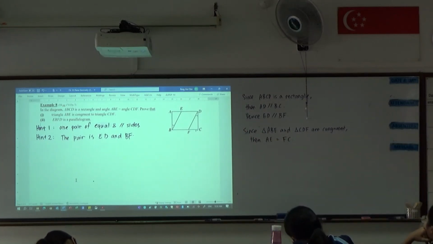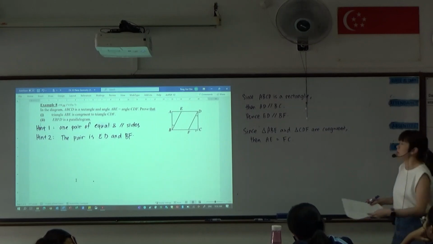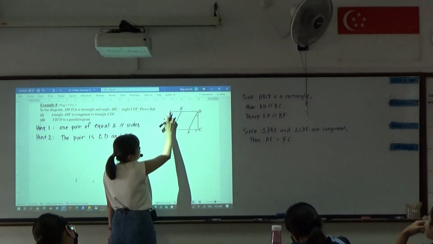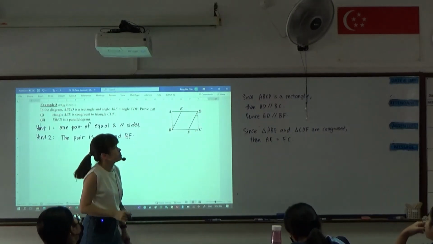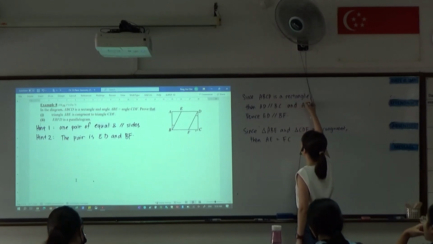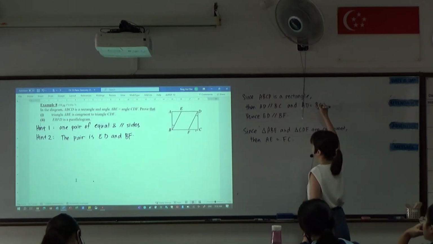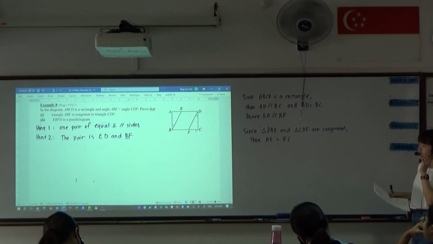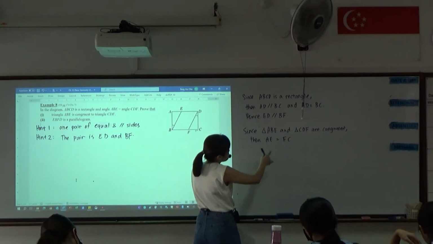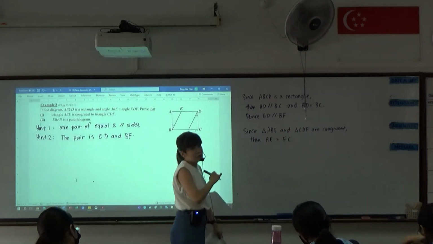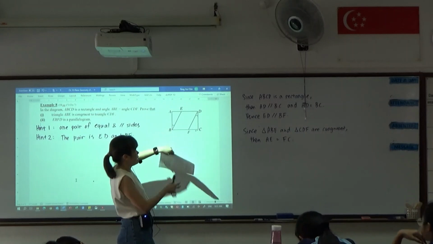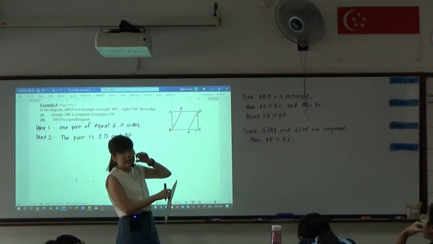Most of you also said that because it is a rectangle, AD is equal to BC, so maybe just add this in. But just because AD equals BC and AE equals FC, you need to have clarity in showing how it leads to ED being equal to BF.